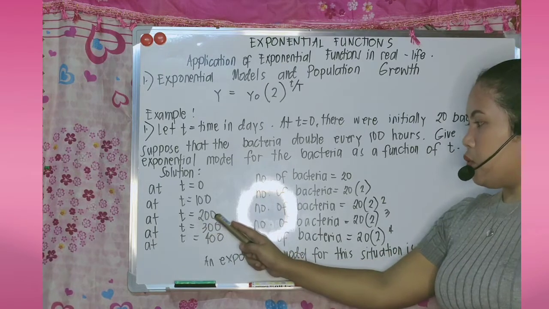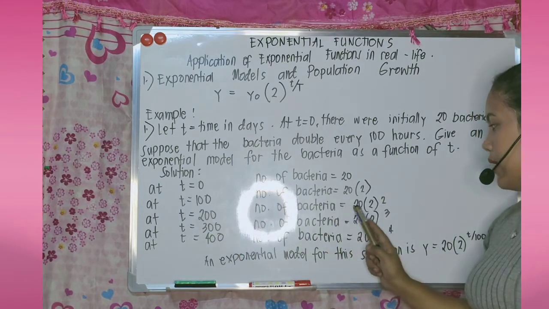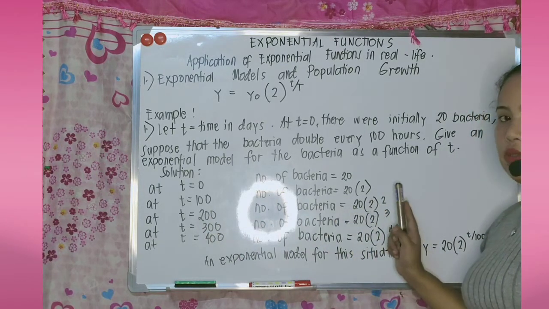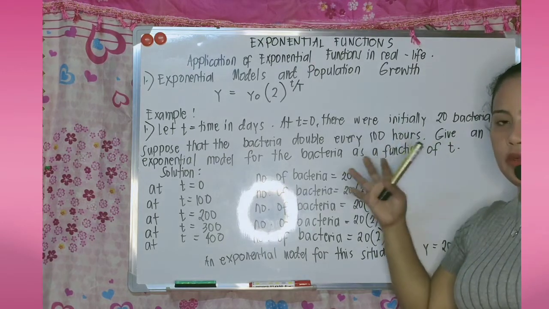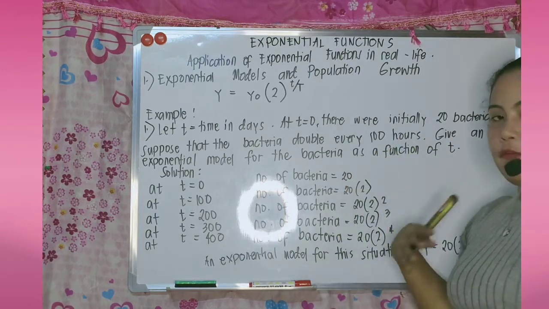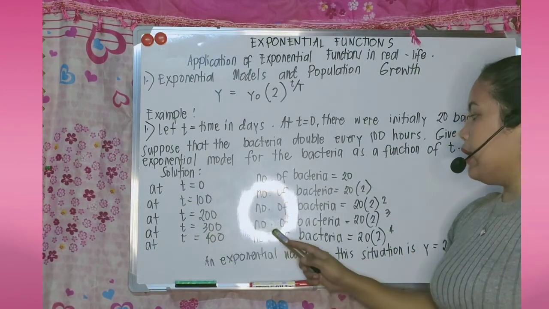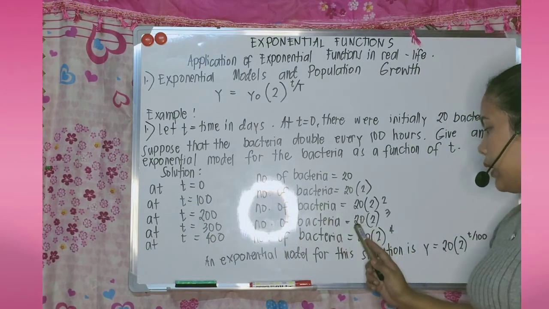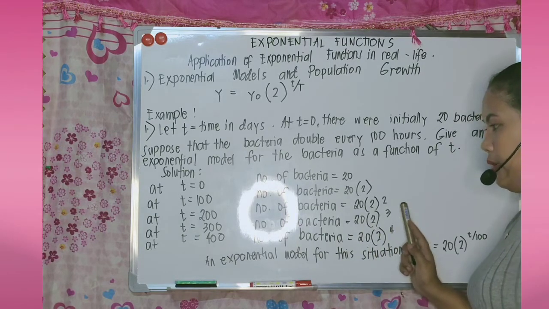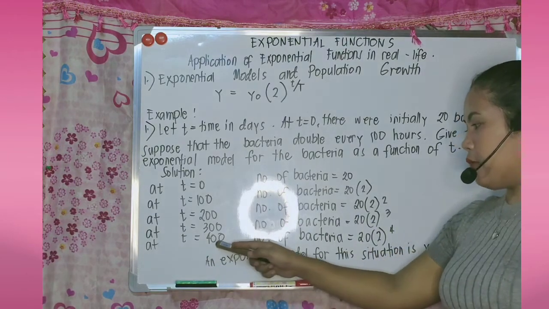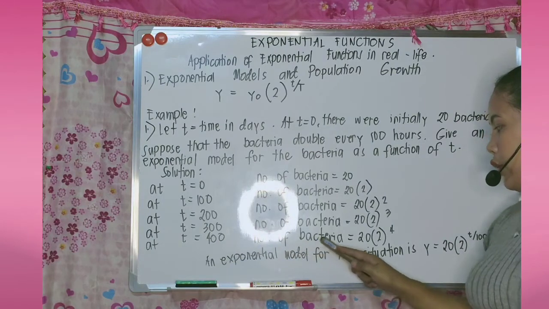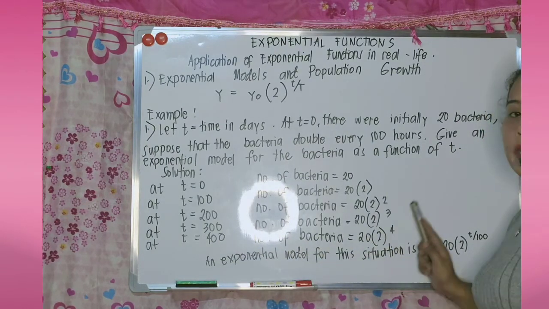At t equals 200, number of bacteria equals 20 times 2 raised to 2. Okay, because the bacteria double every 100 hours. So, at t equals 300, number of bacteria equals 20 times 2 raised to 3. Then, at t equals 400, number of bacteria equals 20 times 2 raised to 4.